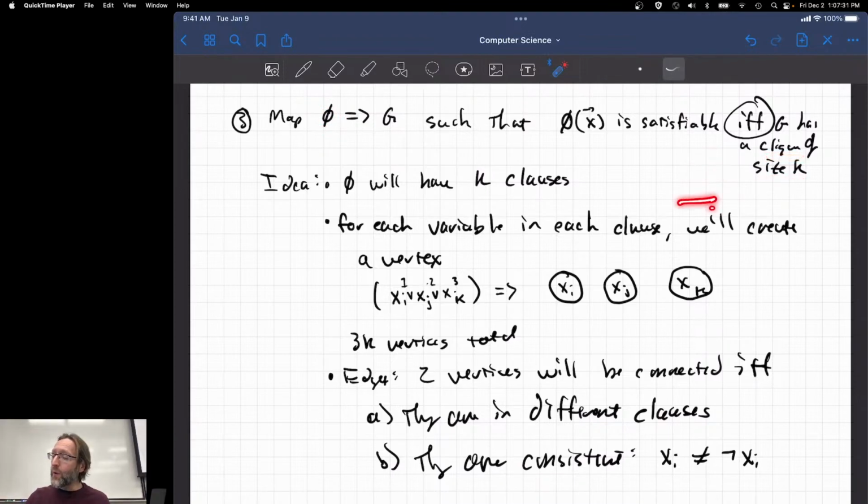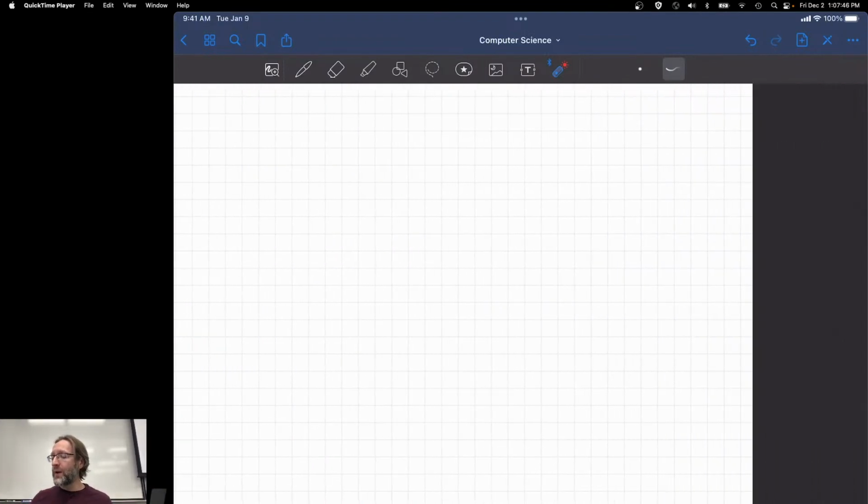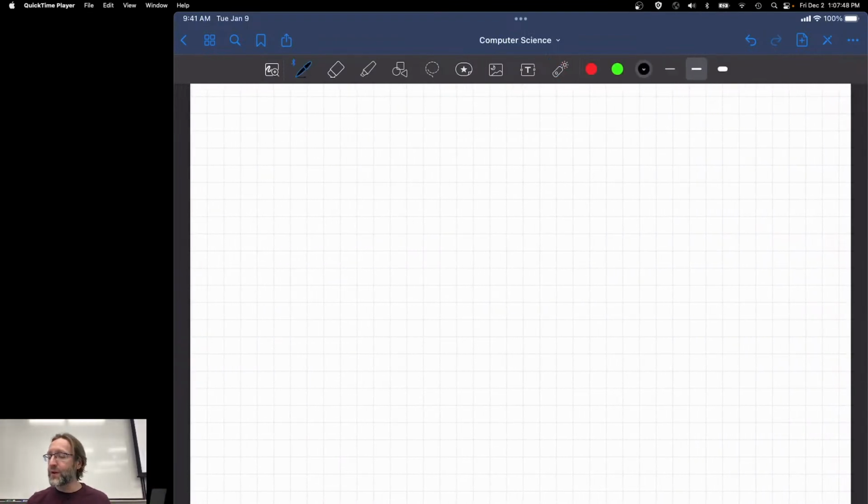Then you need to work the other way. That if you have a clique of size k, through this mapping, you can go back to your propositional formula, and it will be satisfiable. Right? Okay. So 4 omitted, but that's the hand wavy version of it.